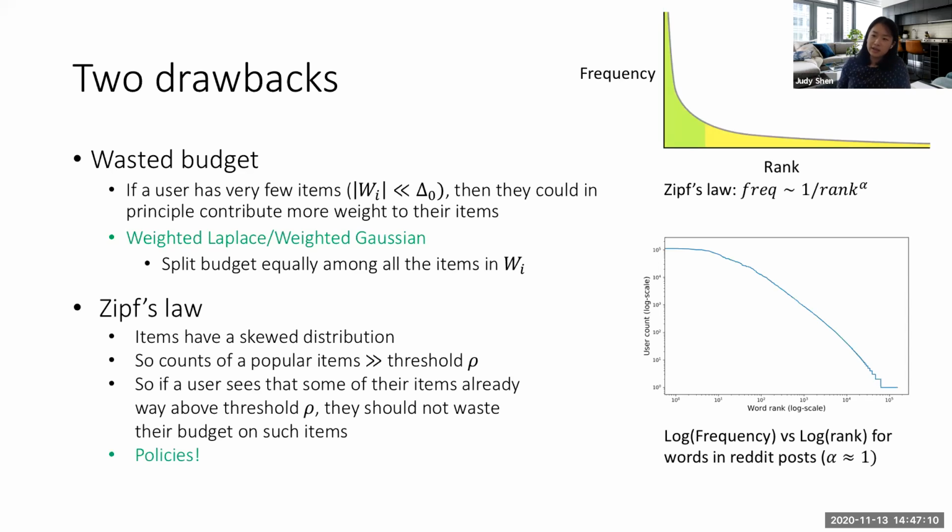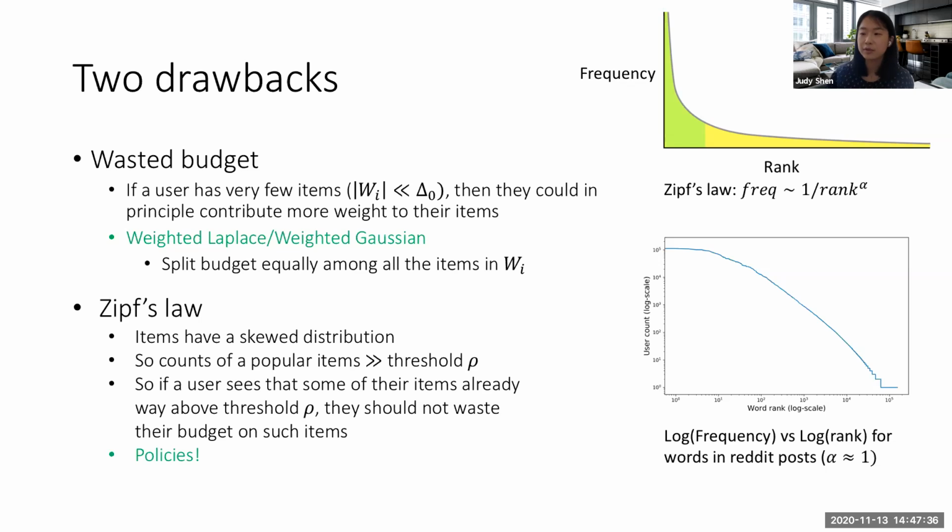We know that for natural language, word rank and word frequency follow a Zipf's law distribution. So certain common words are going to be way above the threshold, while others have a lot less. Our intuition here is we don't want to waste user budget on the items that are going to be over the threshold anyways.